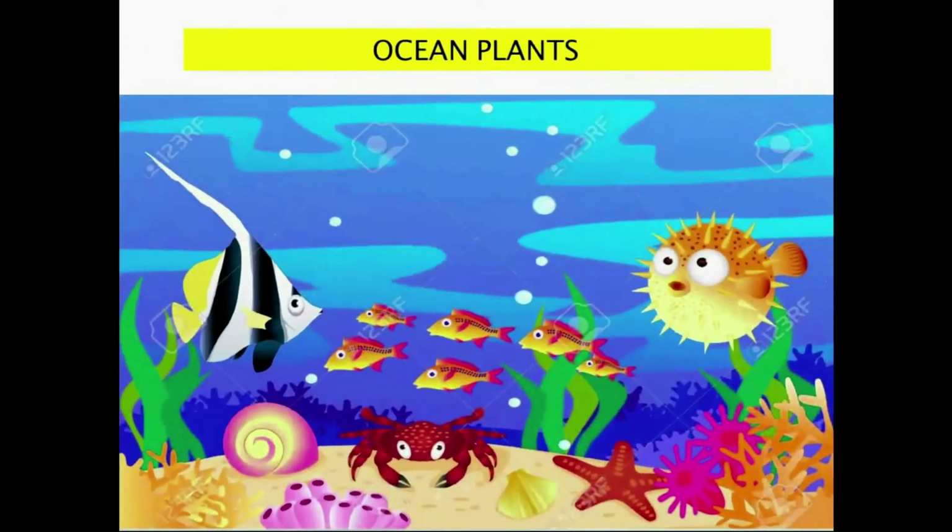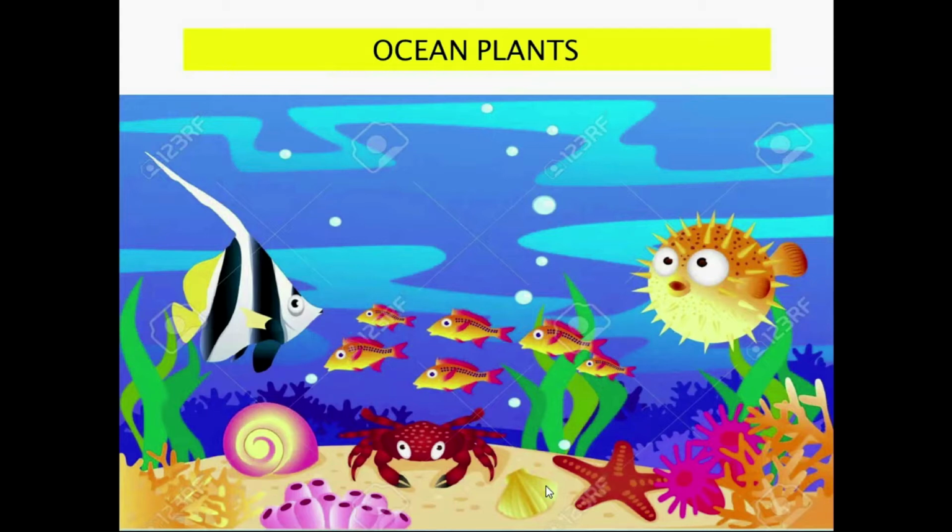Then we have ocean plants. There are some plants which live under the water around the fishes. Those plants are called ocean plants. Now those plants are in the water. Can you guess which other living thing can live under the water? If you have guessed fishes, you are right.